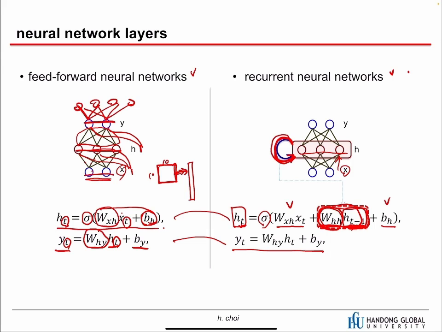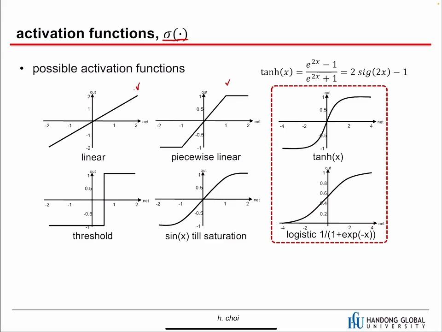From input to output, if this sigma is linear, then the whole neural network will be a linear function from x to y. To make this neural network a nonlinear function, we need the nonlinear activations here or here. So this one is piecewise linear. That's good. And also hyperbolic tangent or sigmoid function. Usually hyperbolic tangent or sigmoid functions were popular a long time ago.